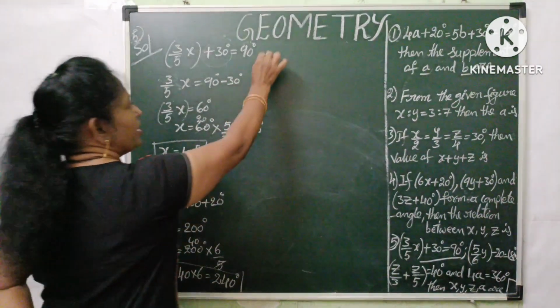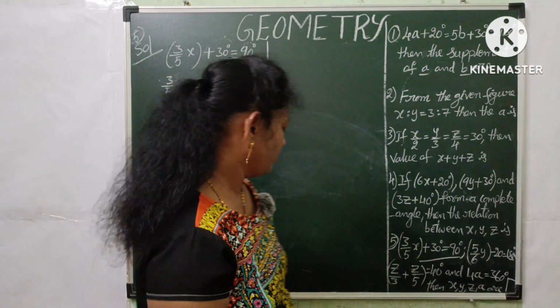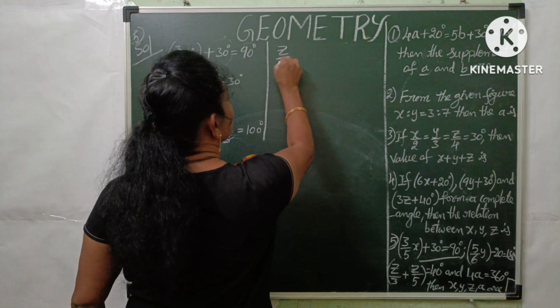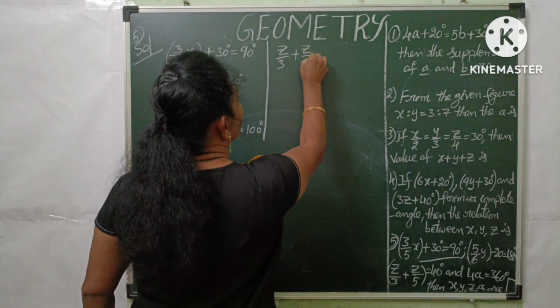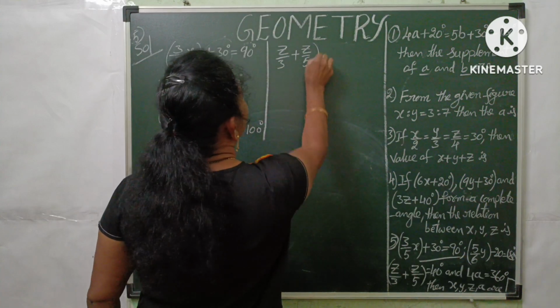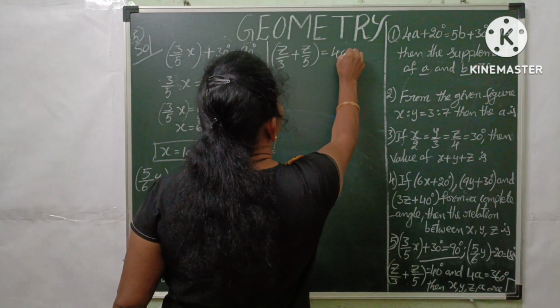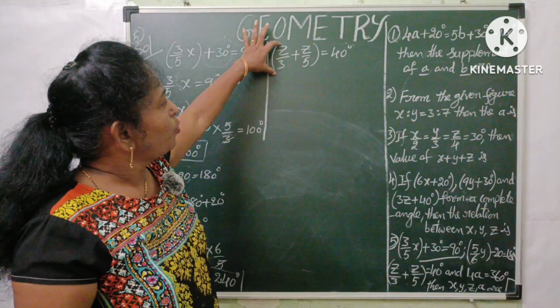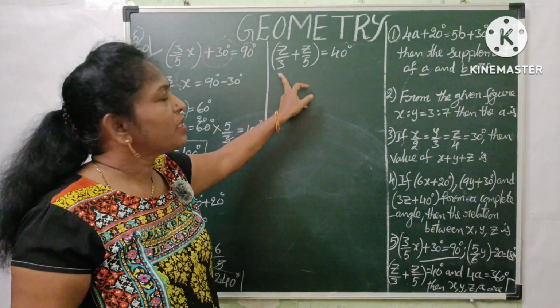Okay. Next one. z by 3 plus z by 5 equal to 40 degrees. Here both are fractions added by plus, but with different denominators.